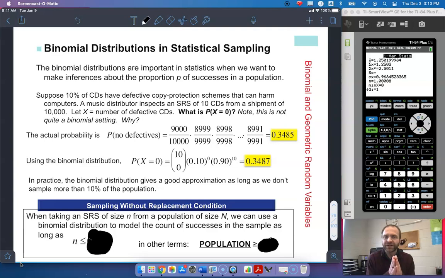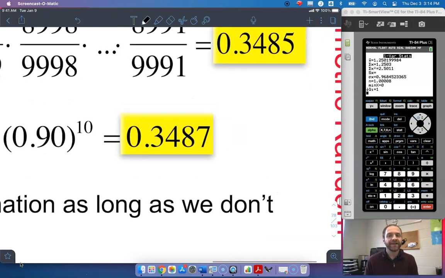However, if I treat it as independent, and that's what that next line shows you, and I treat it like a binomial still, I would get 0.3487. So if I'm using that, I'm assuming it's independent, but it's not. But notice that difference is not very much. 0.3485 and 0.3487 is so small of a difference between them.